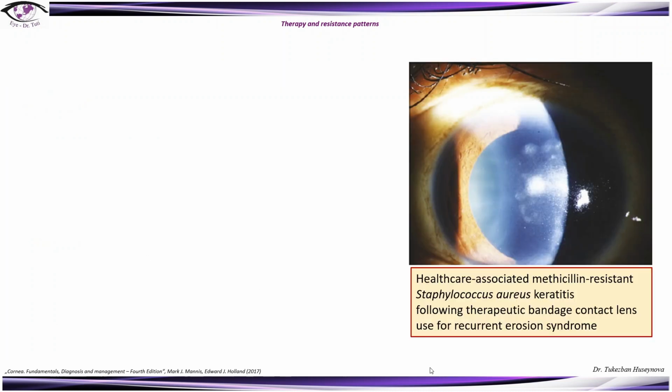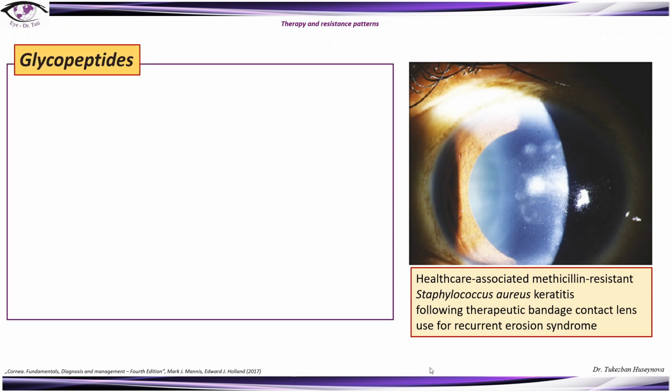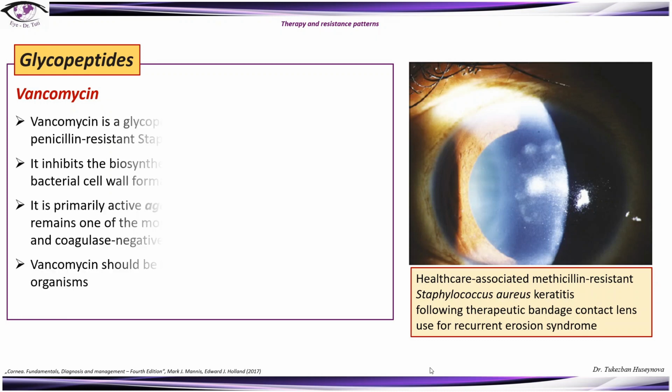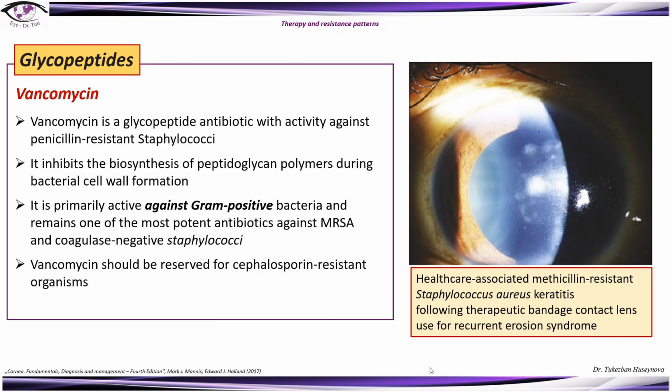The next antibiotic is a glycopeptide, vancomycin, which is mostly used systemically, with intravenous injections for example. Vancomycin inhibits the biosynthesis of peptidoglycan polymers during bacterial cell wall formation, and it's primarily active against gram-positive bacteria and remains one of the most potent antibiotics against MRSA and coagulase-negative staphylococci.